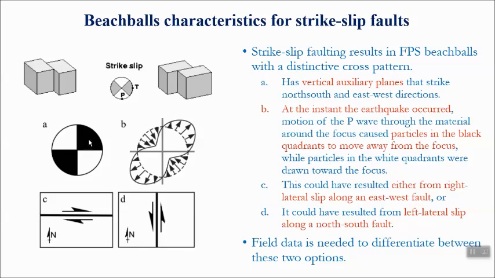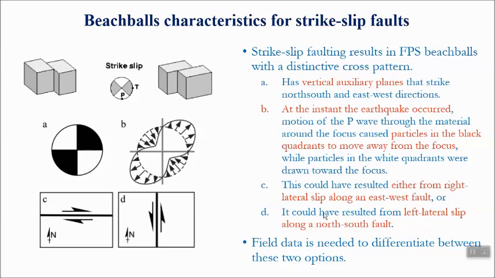But if, on the other hand, the north-south plane is our fault plane and east-west is our auxiliary plane, then we will see that the arrows will again move from the white to the black quadrant. If we stand on this quadrant, we'll see that the block has moved towards our left. Similarly, if we stand on this quadrant, we'll see that the block has moved towards our left.